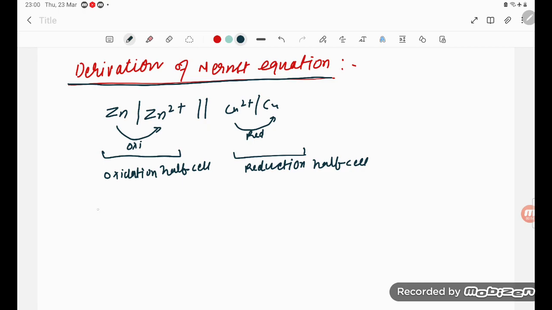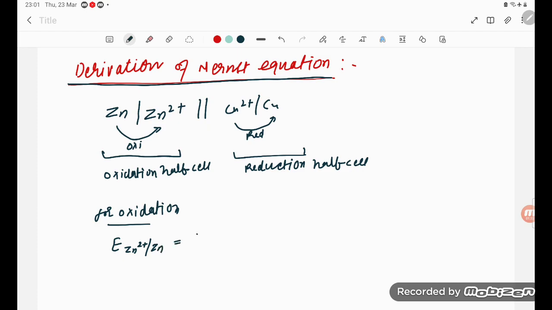Now, if you are writing for the oxidation half cell, how can you write the Nernst equation for this particular oxidation? If you are talking about E cell, what is going to be E cell here? Here zinc, we always consider to be the reduction, Zn2+ + 2e- = Zn.